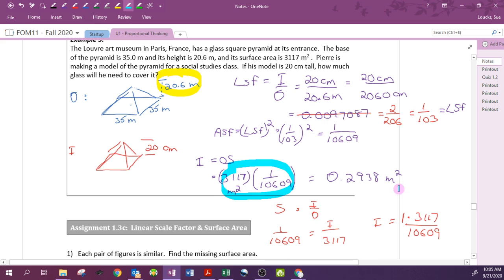I just get it a different way. Sometimes I'm using the image formula, and sometimes the scale factor, and either one works. I'm not going to say one is better than the other.